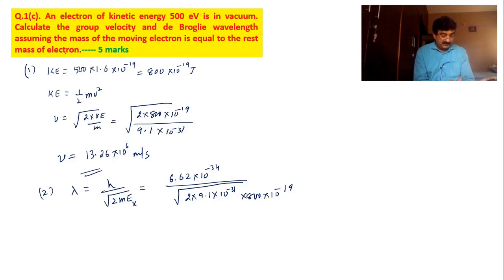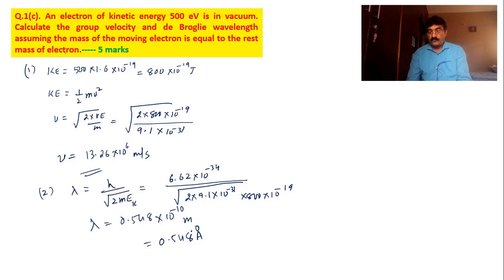For this I take the square root. Now I take it to the numerator. Now I multiply by 6.62 to the power of minus 34. Answer is 0.548 into 10 to the power of minus 10 meter, which is nothing but 0.548 angstrom. I hope you are following. This is the answer for question number 1C.